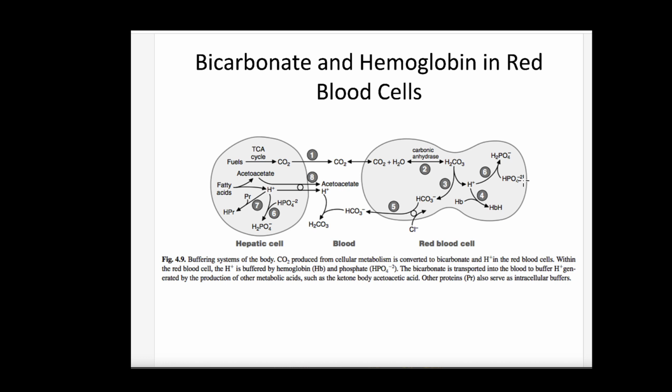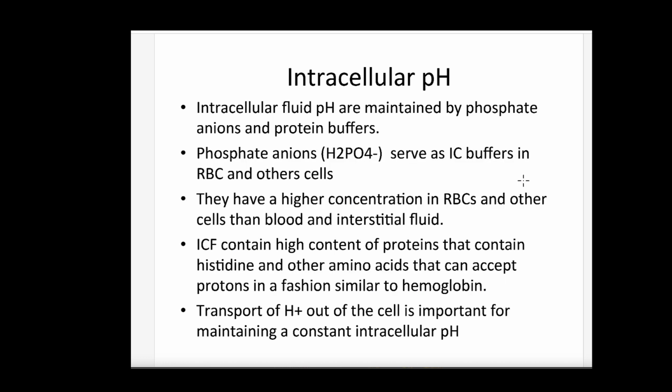There's a high content of proteins that contain histidine and other amino acids that can accept protons in a fashion similar to that of hemoglobin. And so this is helpful in maintaining the pH. So the transport of hydrogen ions out of the cell is important for maintaining that intracellular pH.